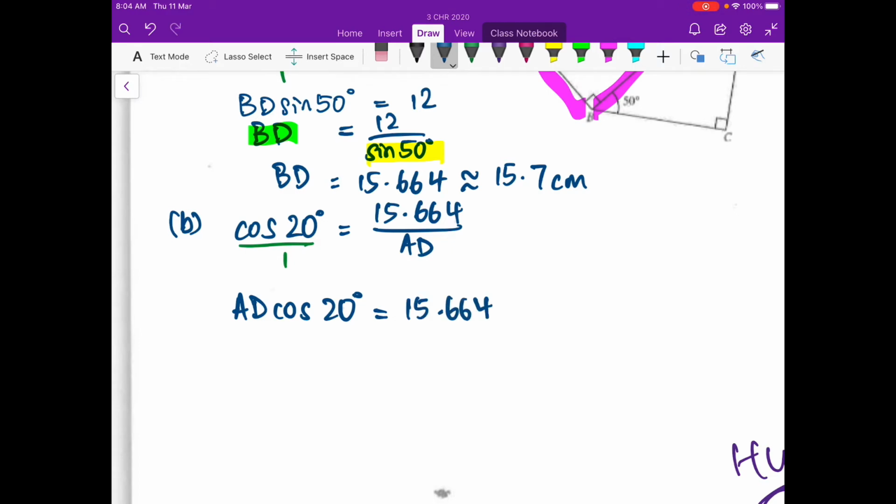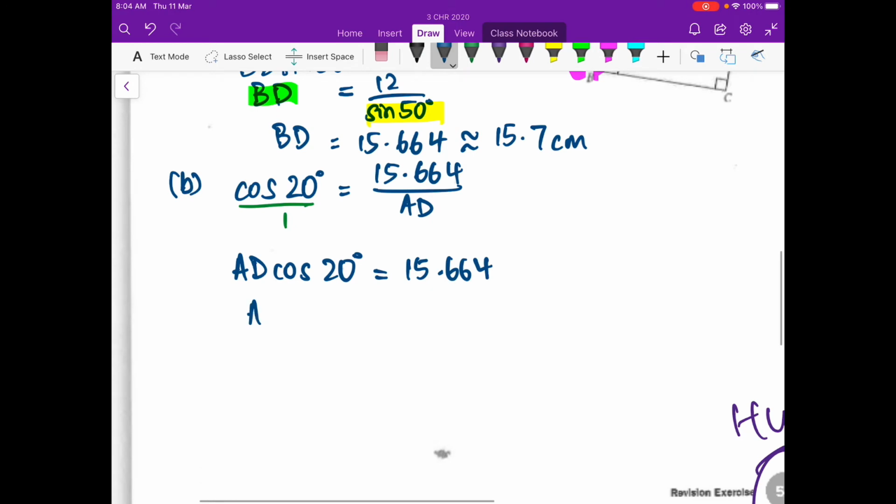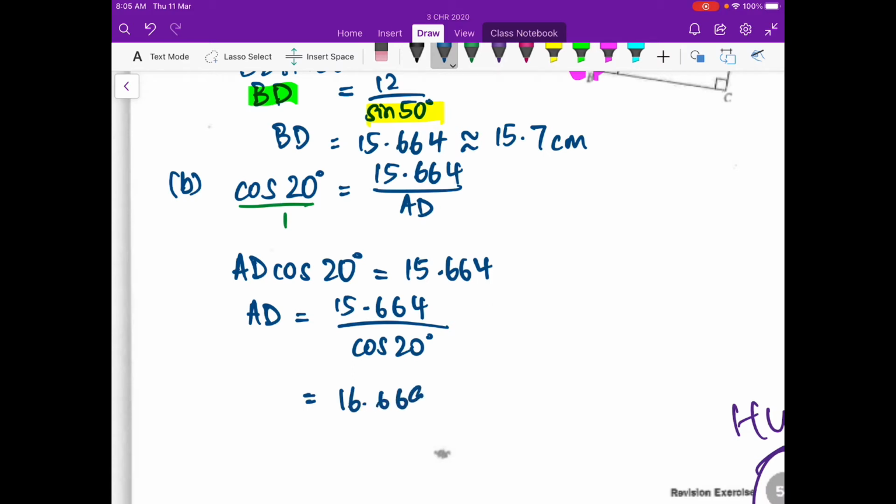Next. Over? Okay, good. Then we just use our calculator for the answer. 15.664 divided by cosine 20. Oh, what happened?